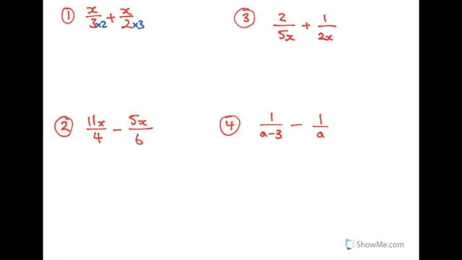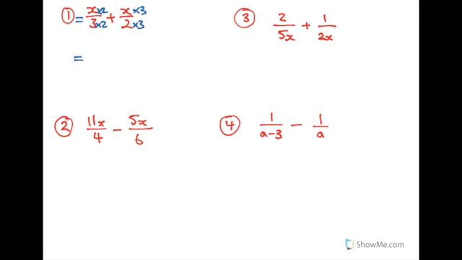But remember, what I do to the bottom, I must do to the top of that fraction. The bottom is times by 2, so I have to times by 2 the top as well. And for this other one, the bottom is times by 3, so the top I have to times by 3.